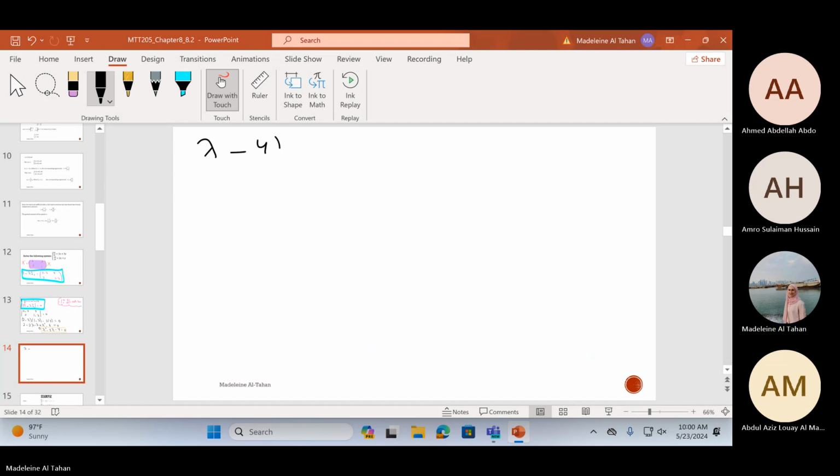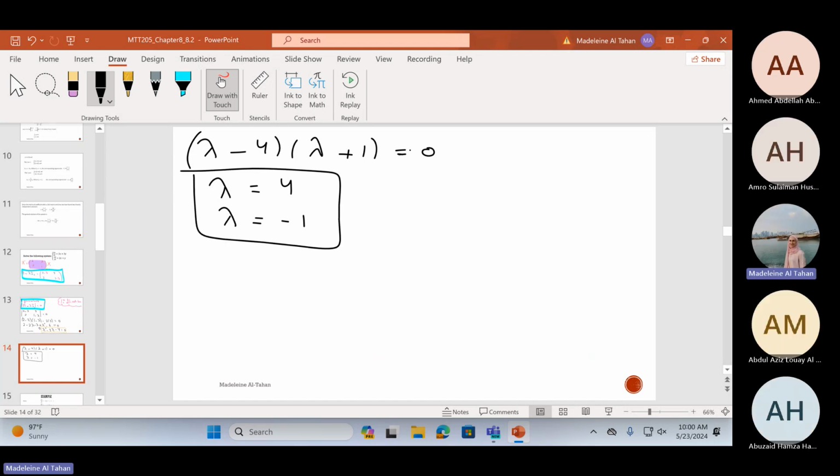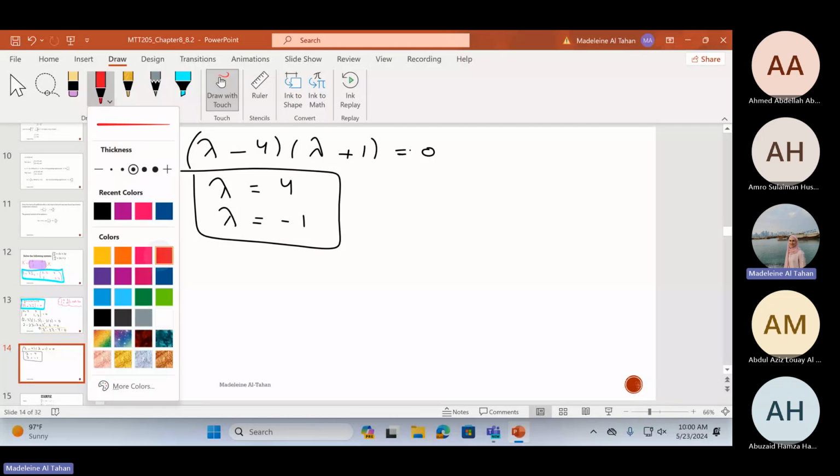minus 4 and plus 1, right? Which is lambda equal 4 and lambda equal minus 1, right? What's A? What's the size of A?